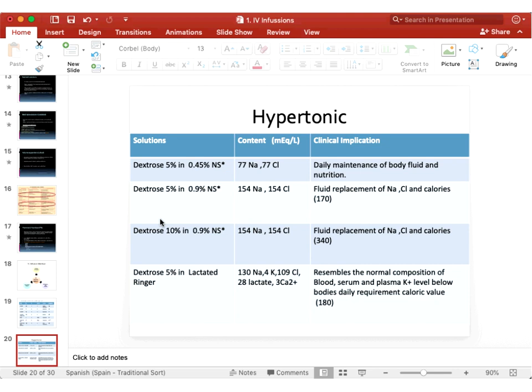Now, there's a special solution that is just glucose solution at 50%. 50%. Now, how many grams does this solution have?